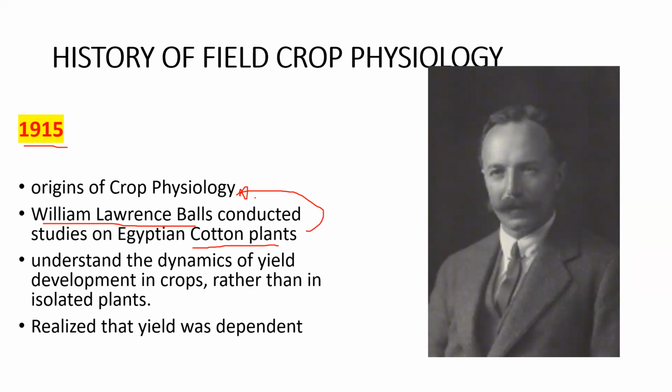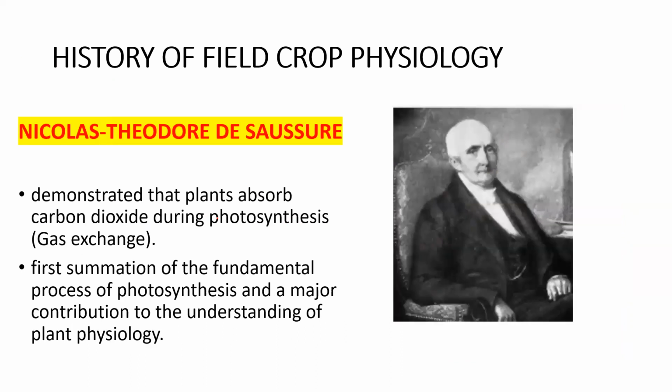Okay, we understand the dynamics of yield development rather than the isolation of the plants. Si Nicolas Théodore de Saussure, dinemonstrate niya ang absorption of carbon dioxide, kung paano yung gas exchange or kung paano yung paglabas at pagpasok ng carbon dioxide at nung mismong oxygen.